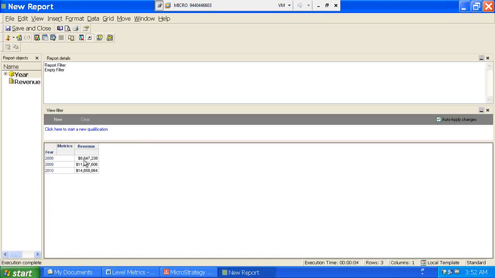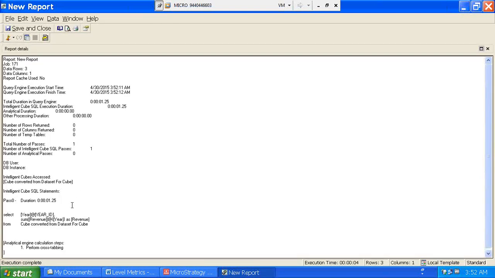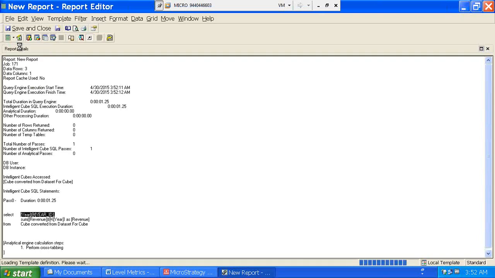And also please observe the values 8647, 11517, 14858. Please observe the values. It is year wise for every year. And in the SQL also, if you see, you will find year ID here in the select. Now this was year wise.